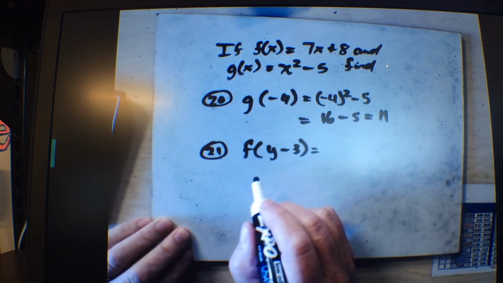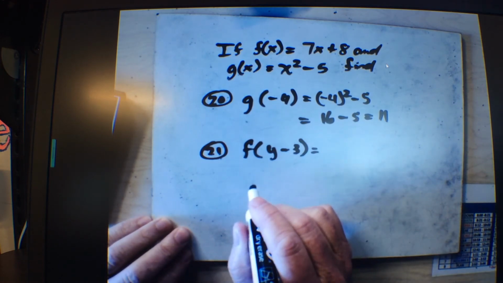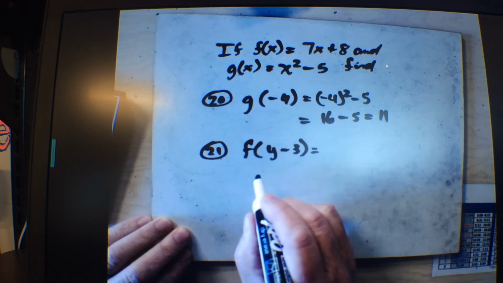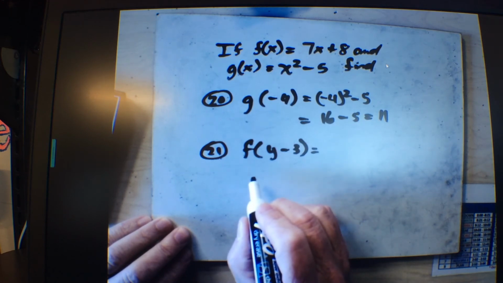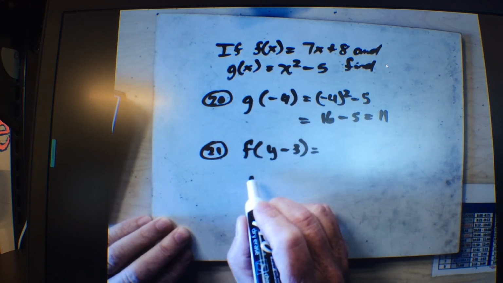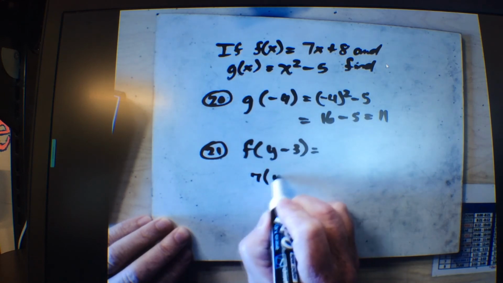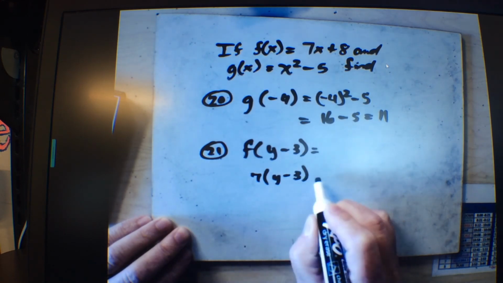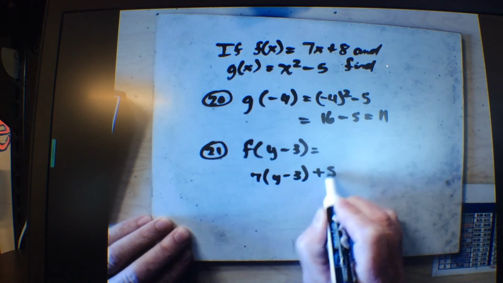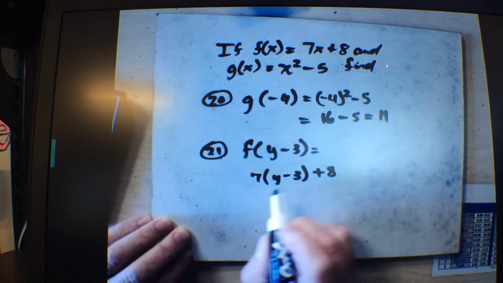So explain to me how to do this. Ashley? So 7 parentheses y minus 3 plus 8. Very good. Now what?